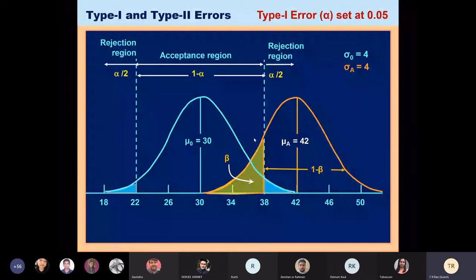That means we will accept whatever values are in this, and that unfortunately includes observations from this side. So here is the situation where you are accepting a false null hypothesis, that it is 42, for all these observations. So here you are committing a beta error.